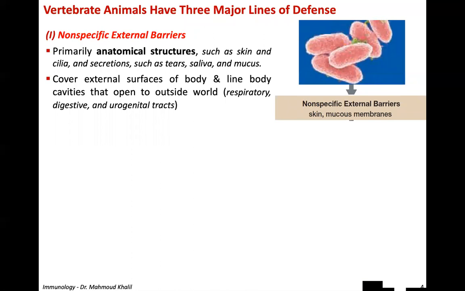They cover the external surface of the body, and as well, they line the body cavities that open to the outside, like the respiratory, digestive or urogenital tract. So they either cover the external surface, like the skin, or line the internal body cavities or any tube inside your body.